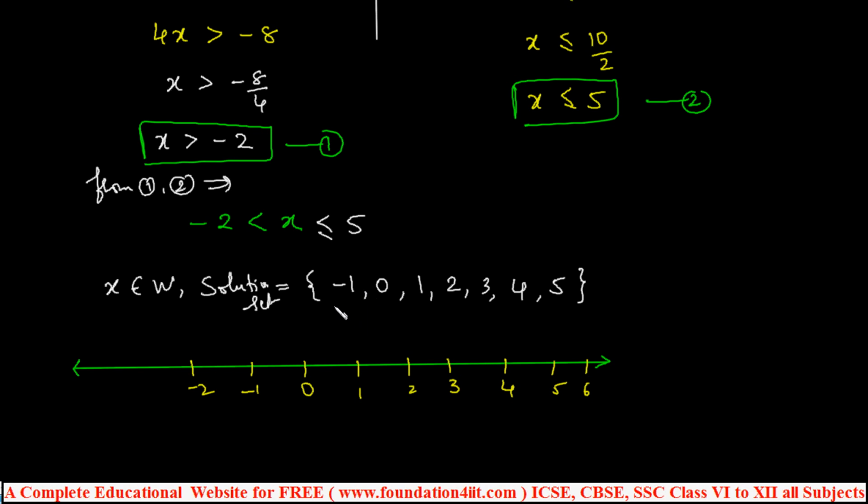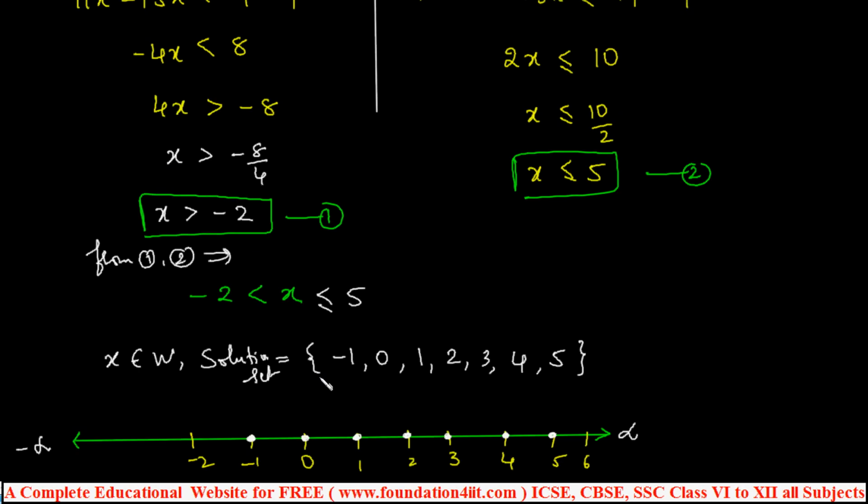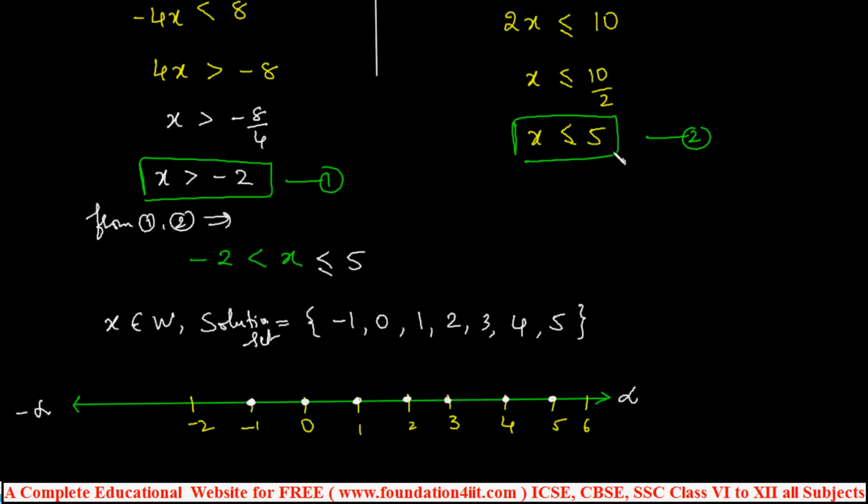Because x belongs to the whole numbers, we should only mark the values mentioned here, that is minus 1, with bubbling, not the values in between. Whole numbers: minus 1, 0, 1, 2, 3, 4, 5. We just represent them on this number line. This is still infinite on this side and negative infinite on the other side. This is the solution set. Let's see the next one.